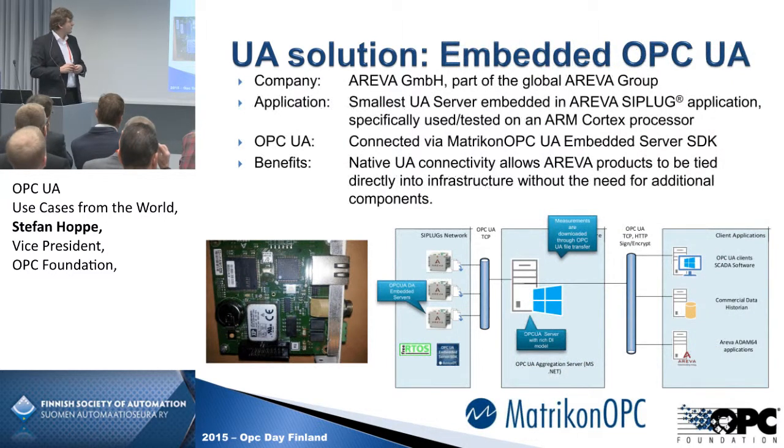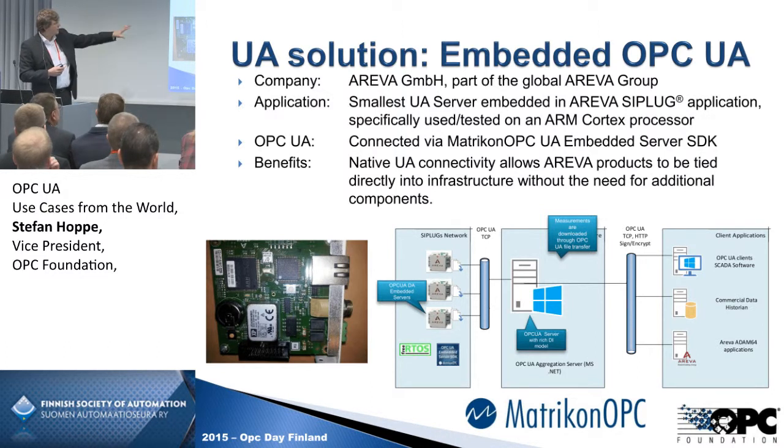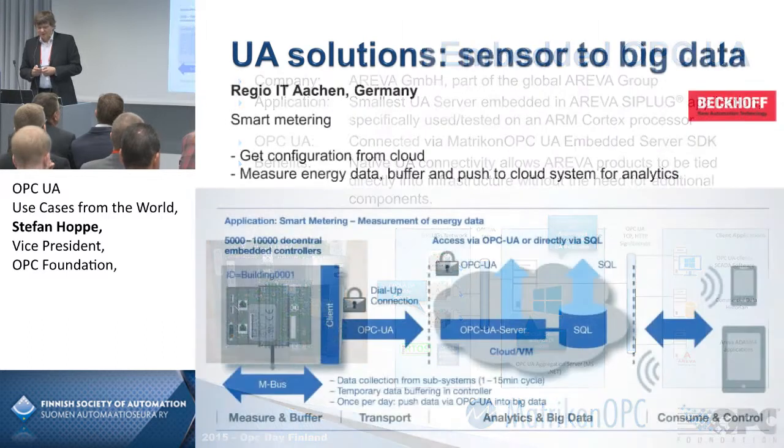We have an example here from Matricon OPC, which I explained before, with this small OPC UA on chip level, which they integrated into the plugs for AREVA, and so they can measure the data and provide that measurement information up into the IT level here.